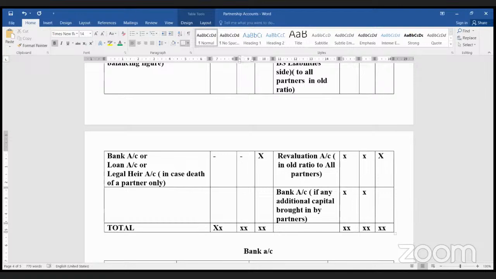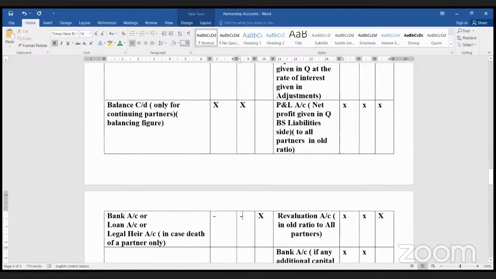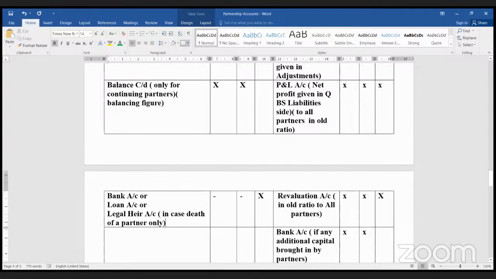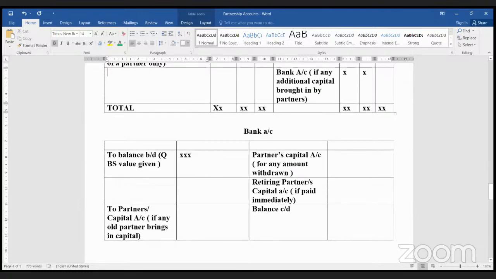Remember, in the balance sheet only continuing partners' capitals will come. Relating to the retiring partner, if you paid immediately, you will not take. If you transfer to the loan, you will take. In case of death also it will not come. Either you paid immediately or death of the partner, it will not come in the new balance sheet. But if you transfer to the loan, it will come in the new balance sheet. Rest all same in the new balance sheet.